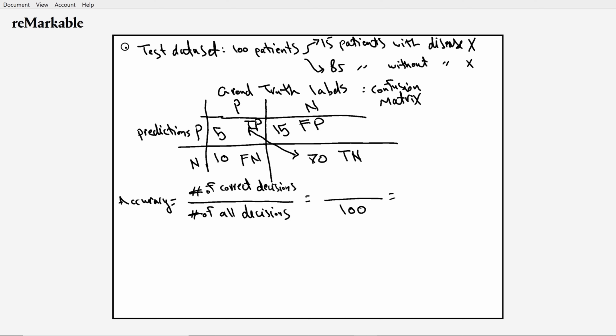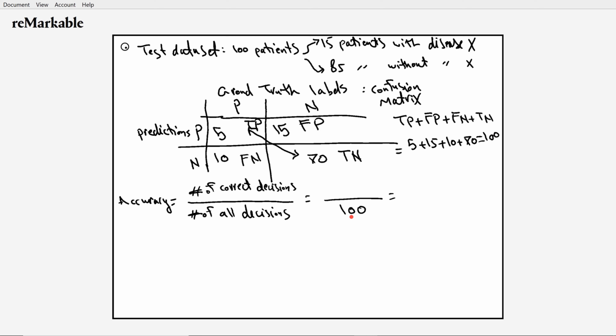We started with a data set of 100 patients, and we made predictions about these patients. And so our total number of decisions should match that number. So basically what we're saying is true positives plus false positives plus false negatives plus true negatives should be 100. And basically 5 plus 15 plus 10 plus 70 is going to be 100.